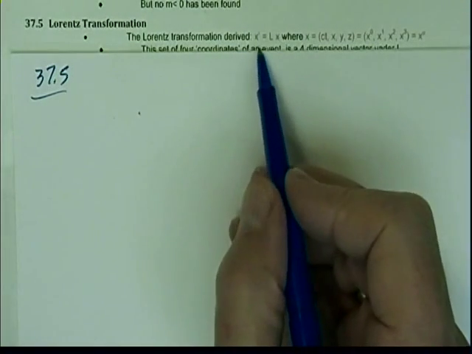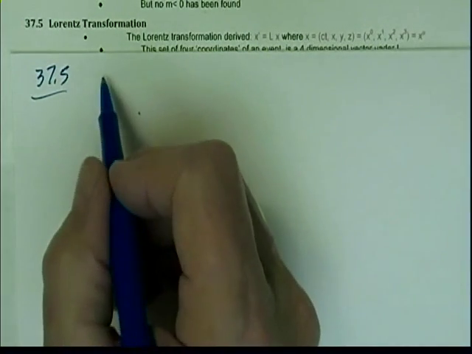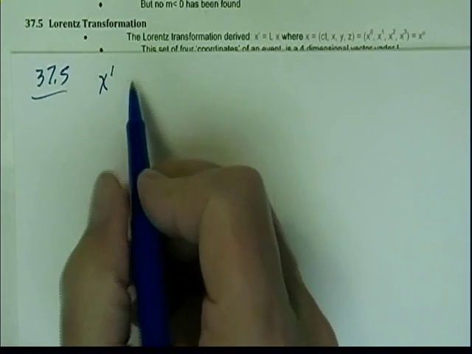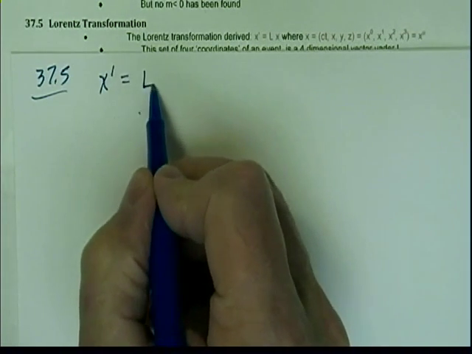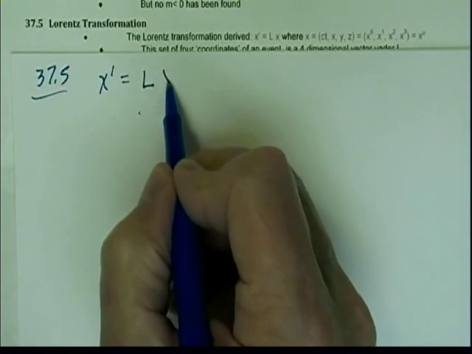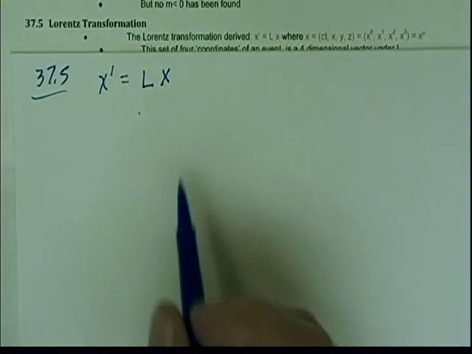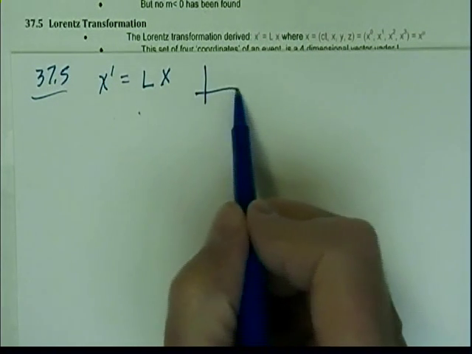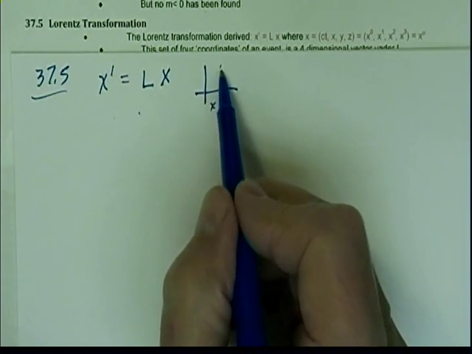You have to really know some matrix theory to understand this, but it says that the vector x in a primed frame is equal to a linear transformation or matrix times the vector in an unprimed frame. So if we have two frames, let's call this one x.